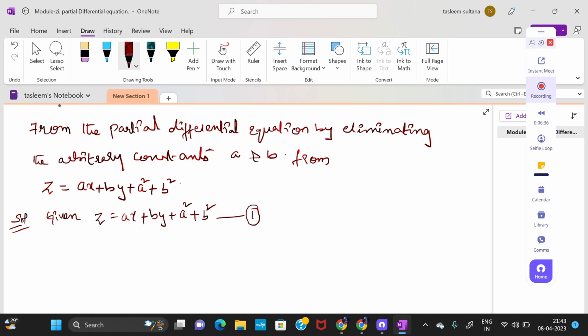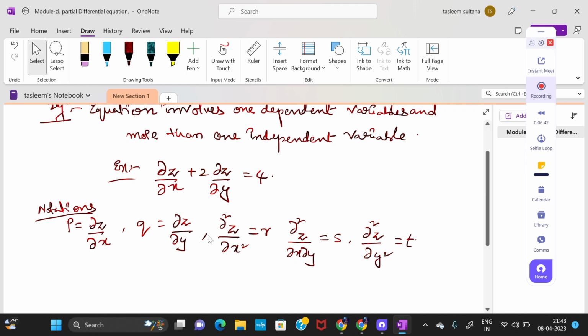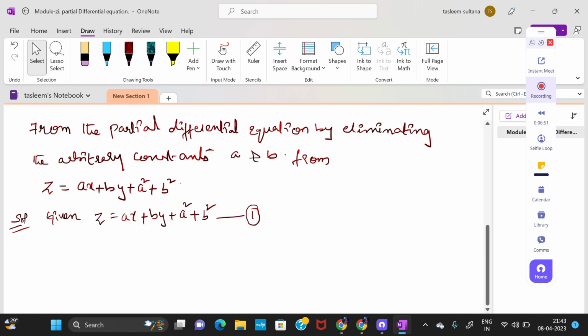Now, according to our knowledge, dou z by dou x stands for p, dou z by dou y stands for q, and dou square z by dou x square stands for r. These are the notations. For eliminating, when I partially differentiate with respect to x and y, this a and b will get replaced with some variable.